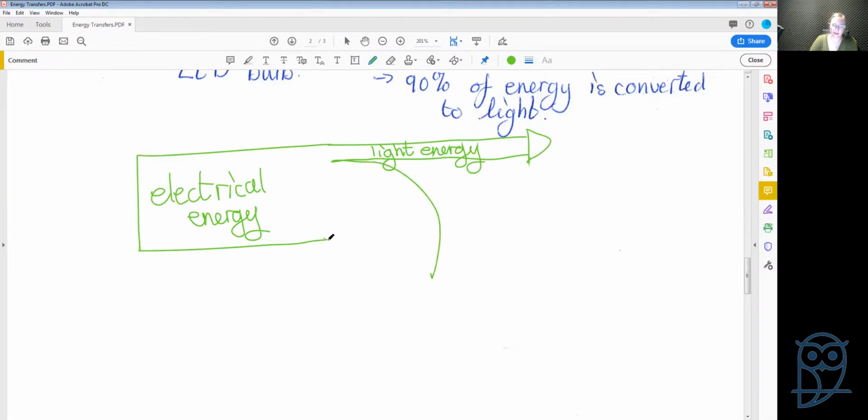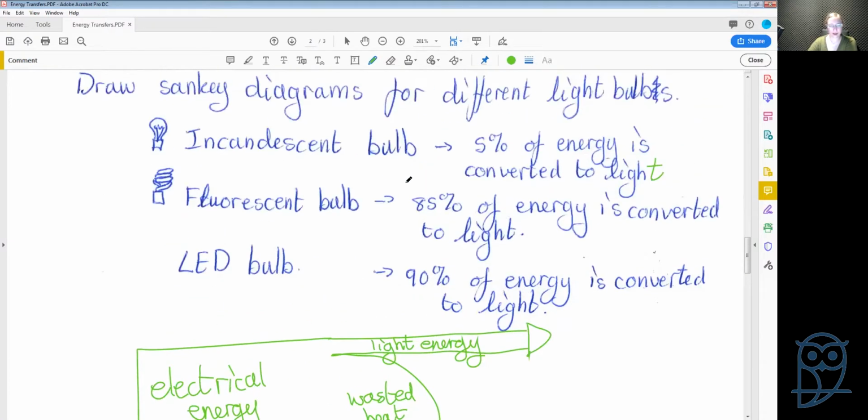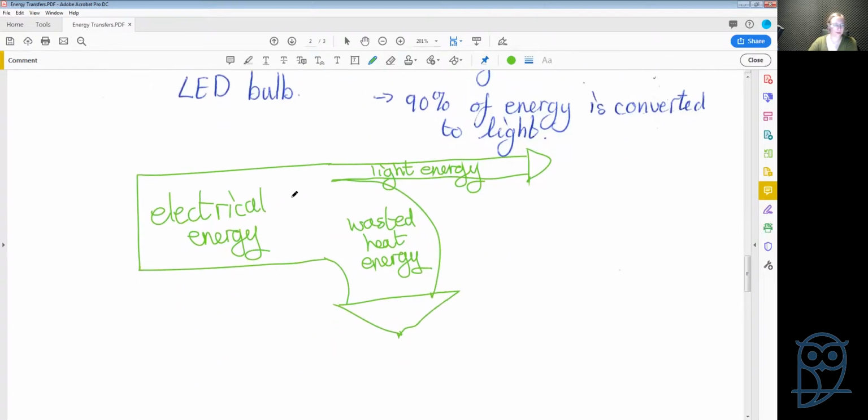But 95% of it gets wasted over here, and that would be wasted heat energy, or just heat energy. Okay, so this is for the incandescent bulb.